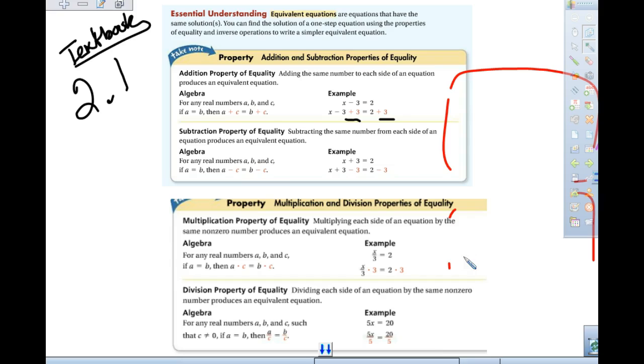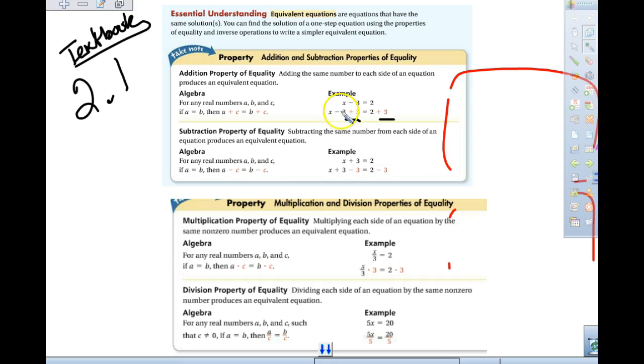These are some of the properties of equality that I'm going to be asking you to use. And on this test and on your final, you have to tell the properties of equality. So today when you do your homework for half the questions, either the even or the odd on the part where you're solving, you need to tell me the property.